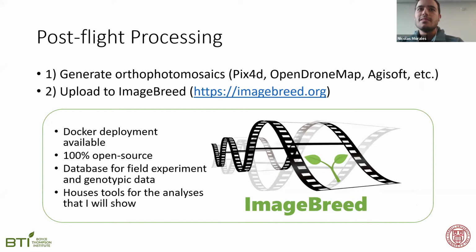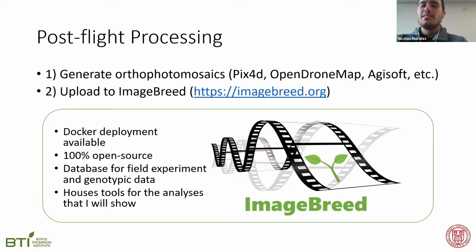The first is to generate an orthophotomosaic using Pix4D. I want to explore using OpenDroneMap because it's an open source software. Then the second step is to upload those orthophotomosaics to Imagebreed. So this website I have, imagebreed.org.